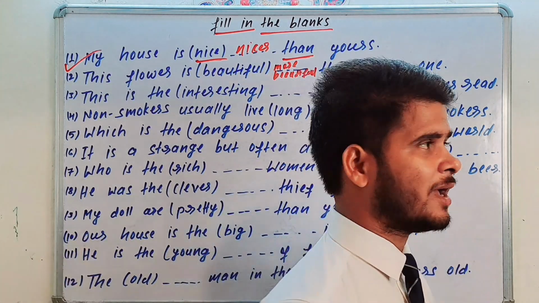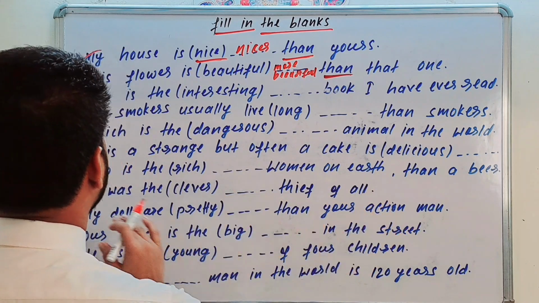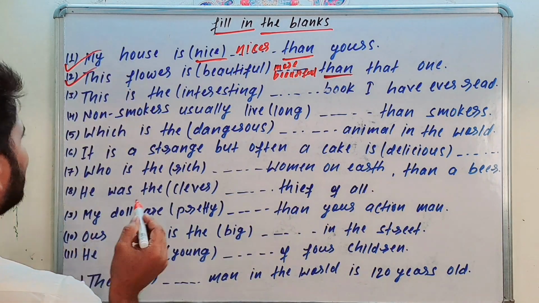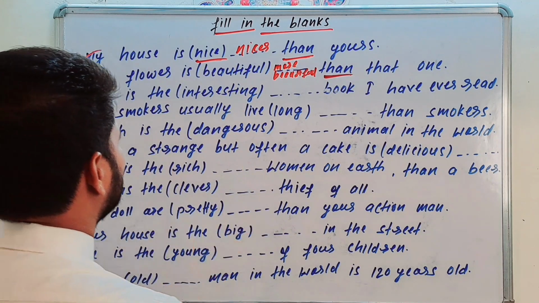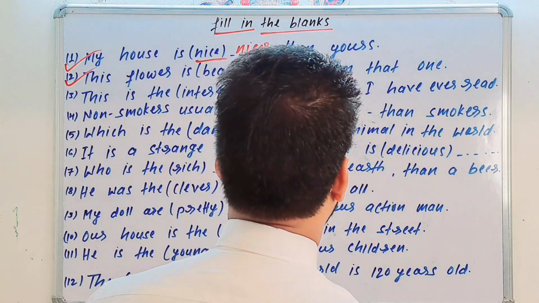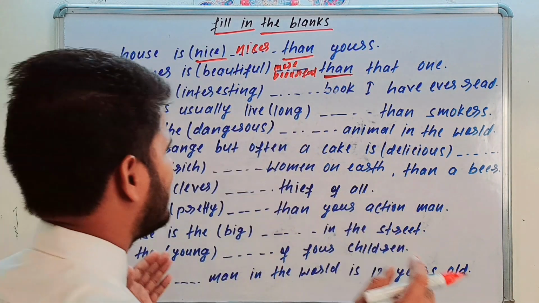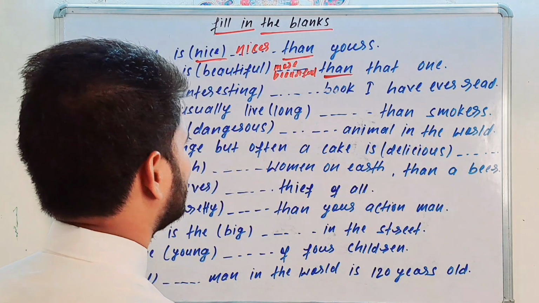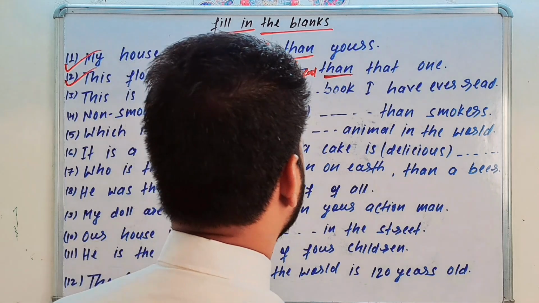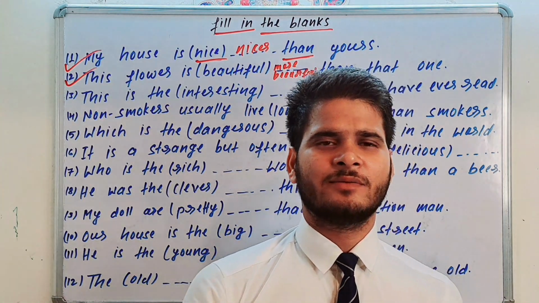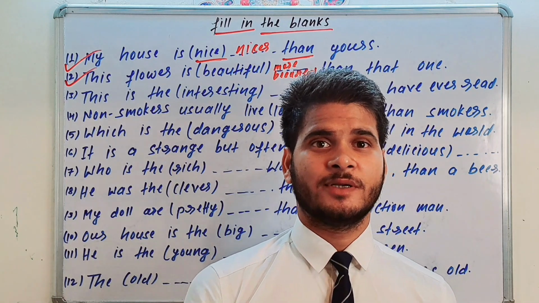Like that, you have to fill in the blanks with a suitable adjective and degree. Here, the third one is interesting. This is the dash book I have ever read. He is talking about all books, and as I discussed, if you want to select one in all, you must use the superlative degree.